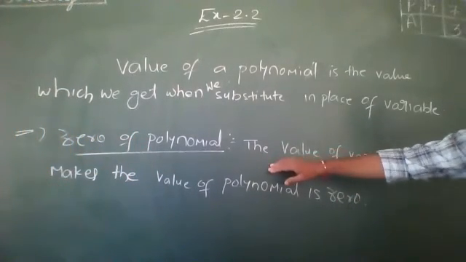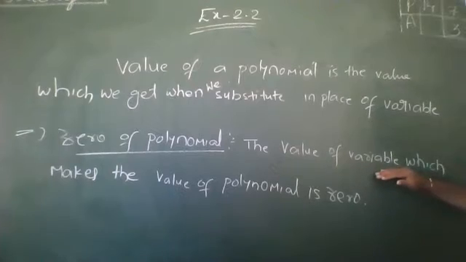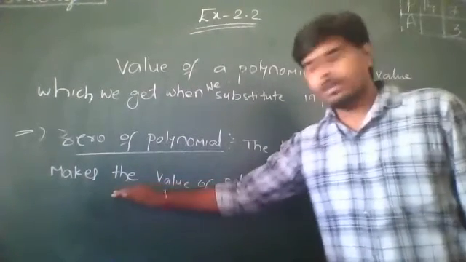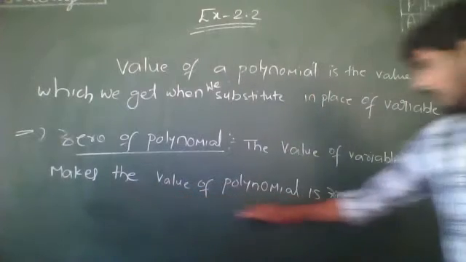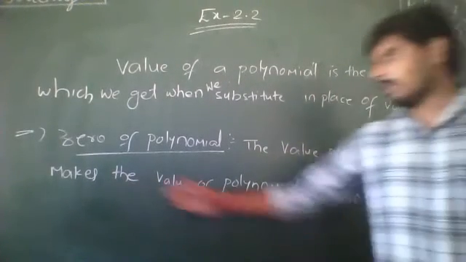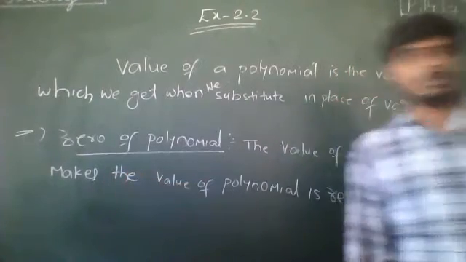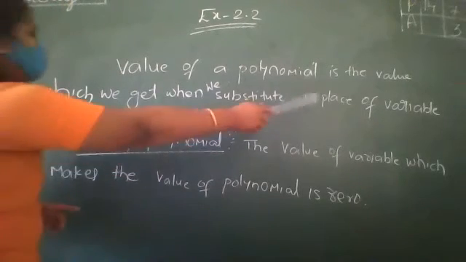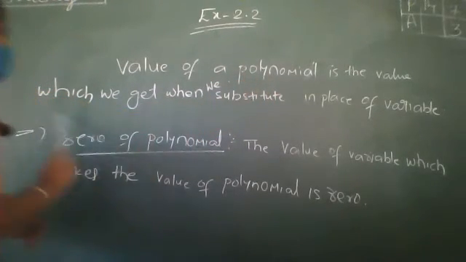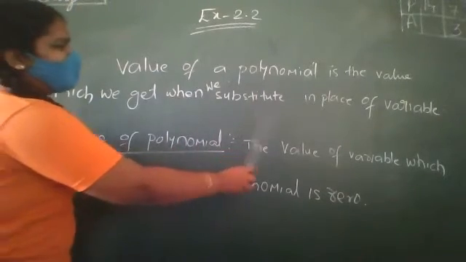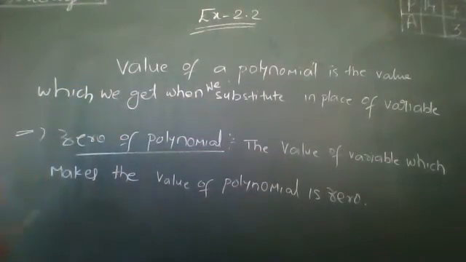Substitute. The value of variable which makes the value of polynomial is zero. Next. Value of a polynomial is the value which we get when we substitute in place of variable.